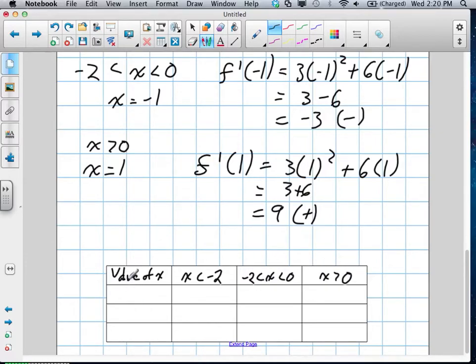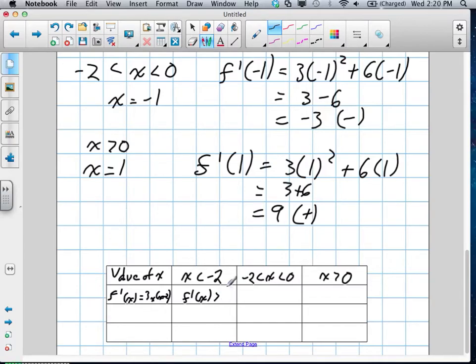Is our function, now they use Leibniz notation, we can always use our function notation. f prime of x is equal to our equation, they wrote the equation 3x times (x plus 2). That's hard to see. Is f prime of x at -2, is it greater or less than 0?